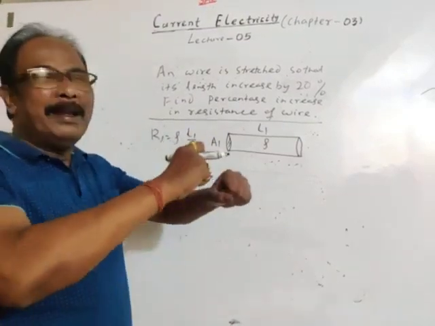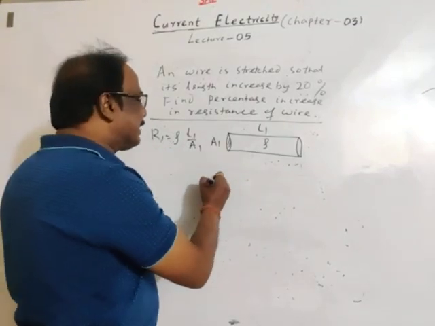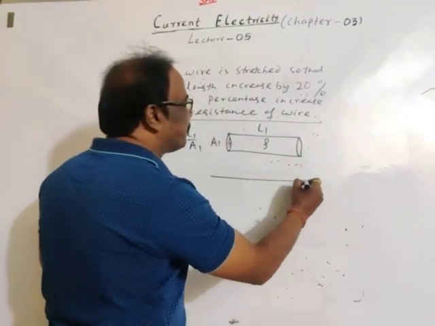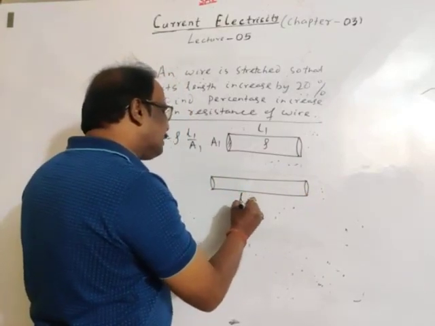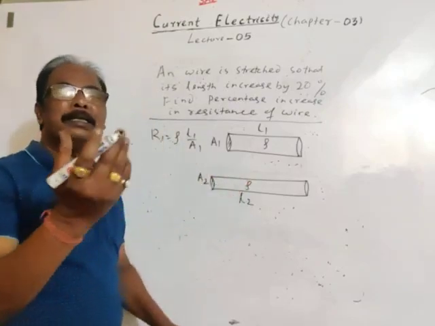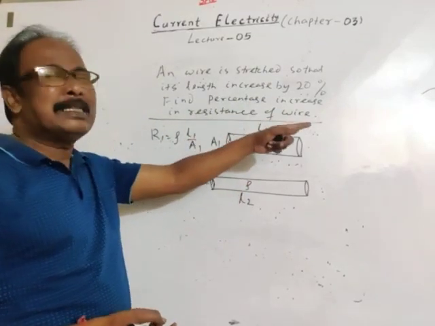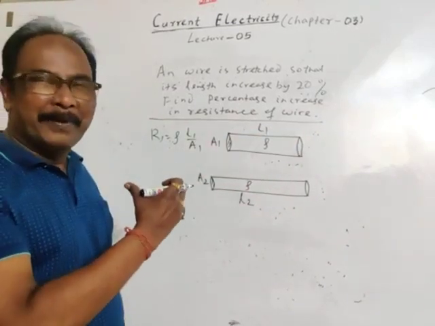Clear? Now it is stretched. In the second case, the final length is L2, the final area is A2, and resistivity is the same.